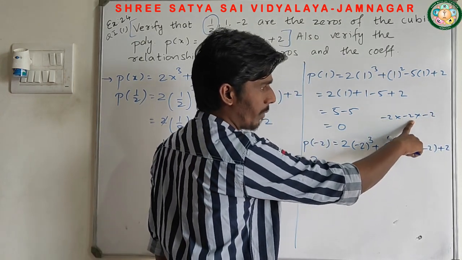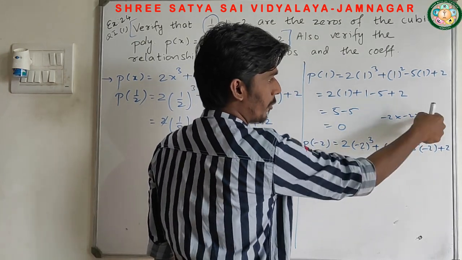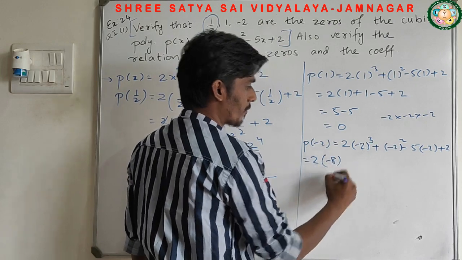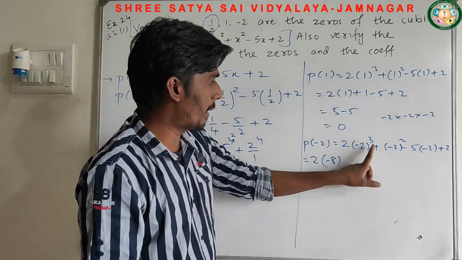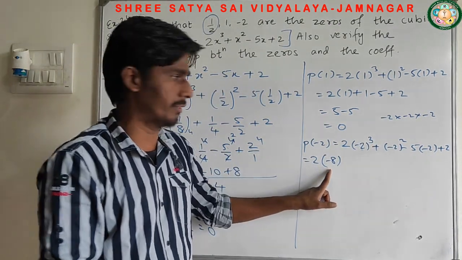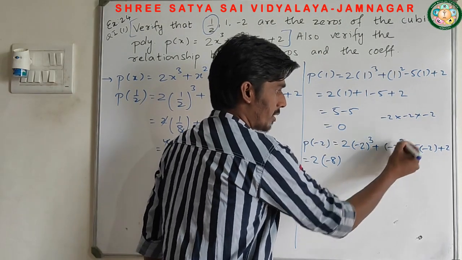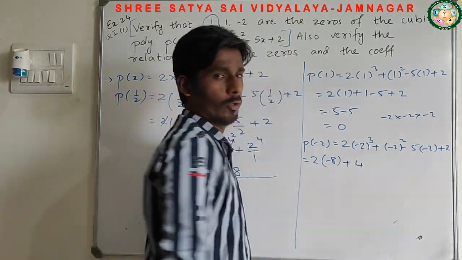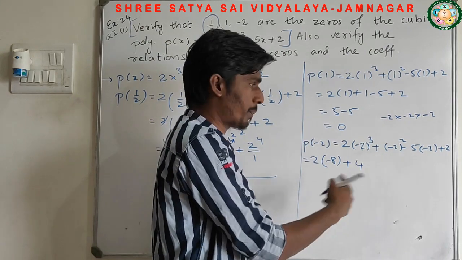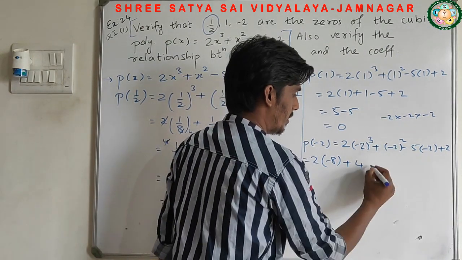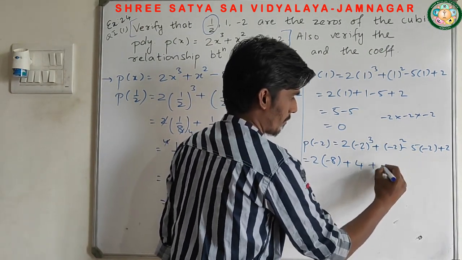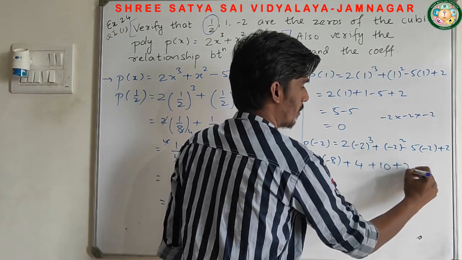Minus 2 into minus 2 is plus 4. Plus 4 into minus 2 is what? Minus 8. In short, if the power is odd, you have to take the negative sign. Minus 2 square is what? 4. Because minus 2 into minus 2 is plus 4. Minus minus plus 10 plus 2.